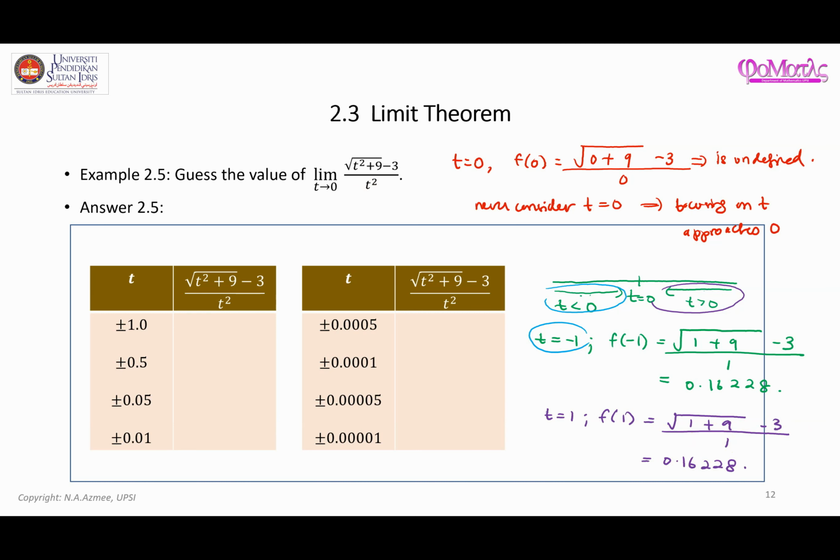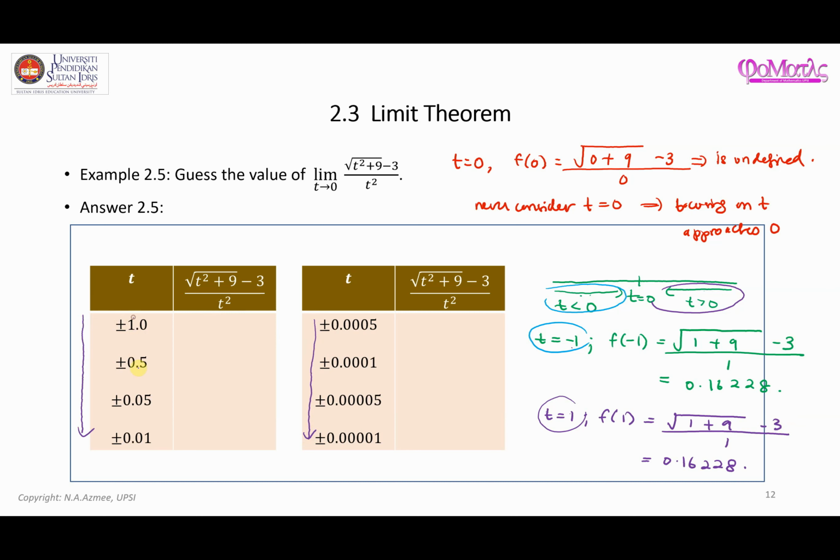To save space, we're just going to combine the values of positive and negative into the same space here. So positive and negative 1 will give you the same result as what I have demonstrated. In this table, I'm just considering values of t that get very close to 0.